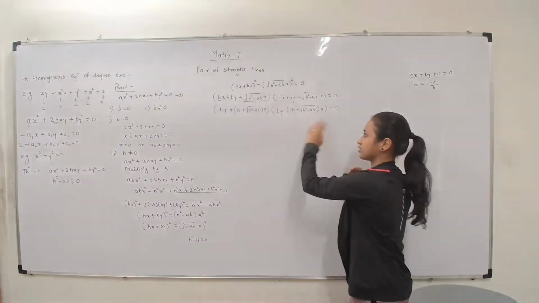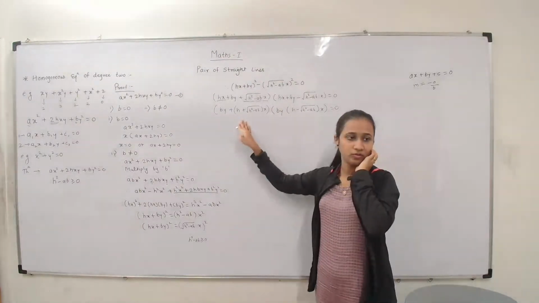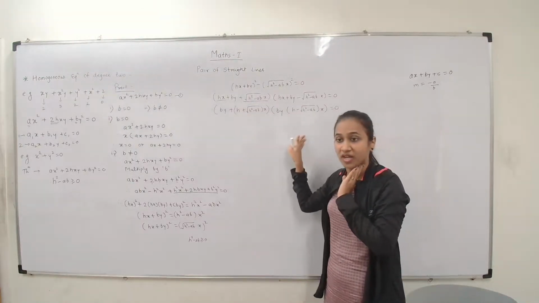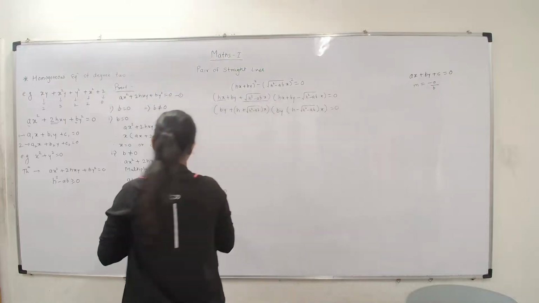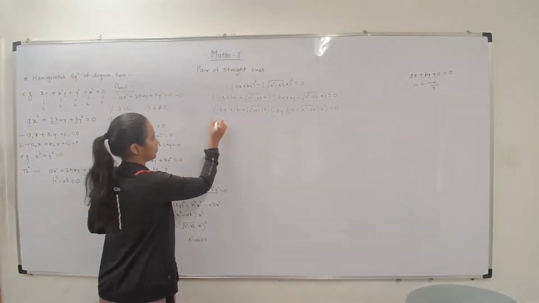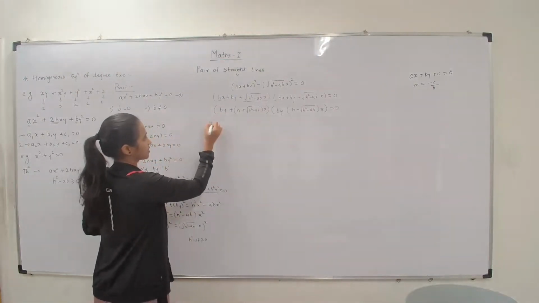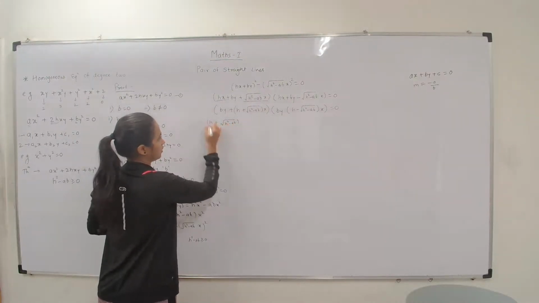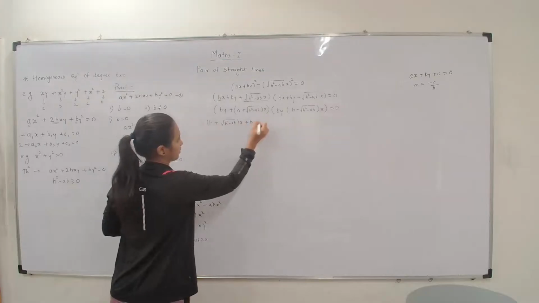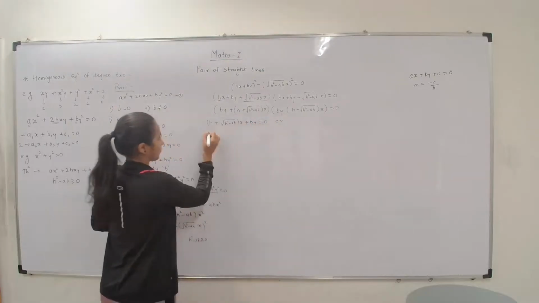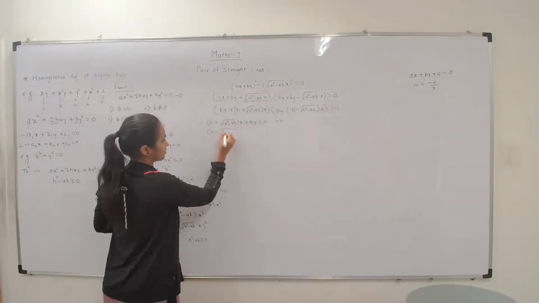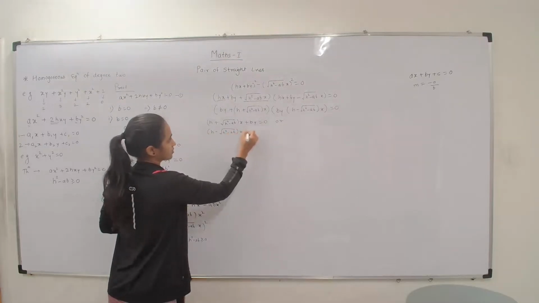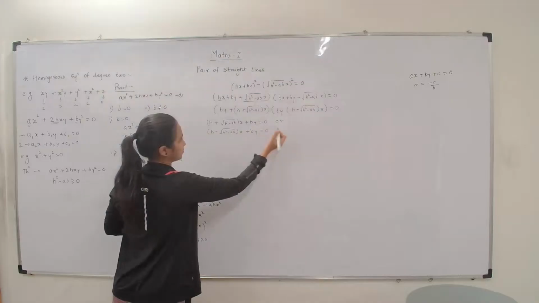A into b is equal to 0, it will be a is equal to 0 or b is equal to 0. So this is the combined equation of two lines in which the first line is h plus root of h square minus ab into x plus by equal to 0 or h minus root of h square minus ab into x plus by is equal to 0.